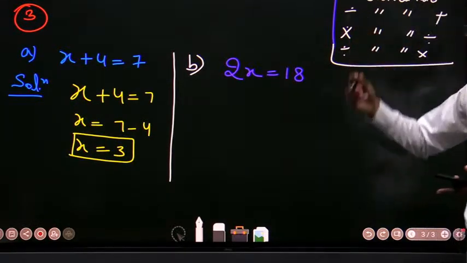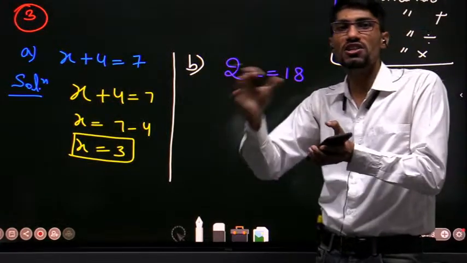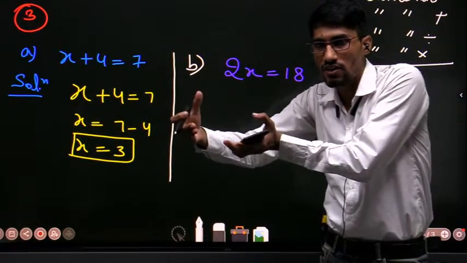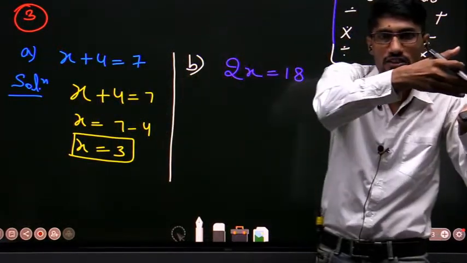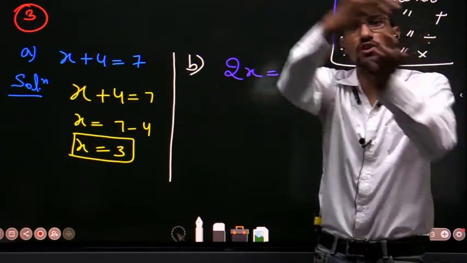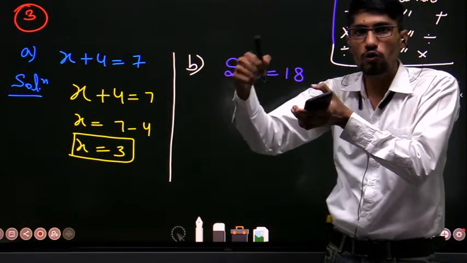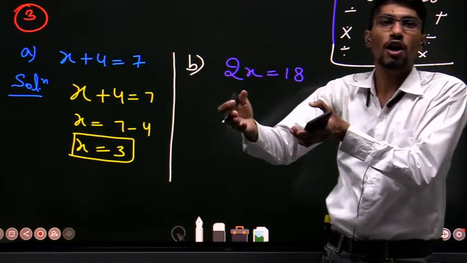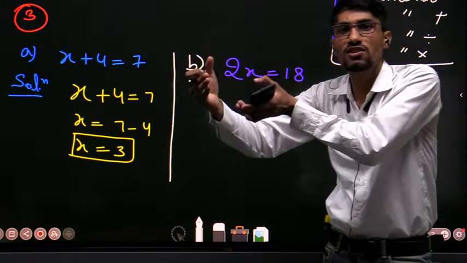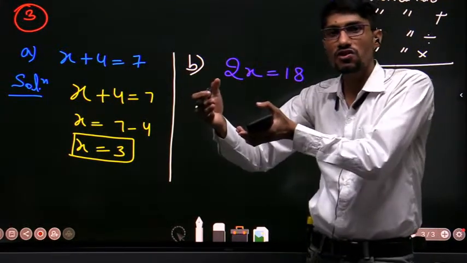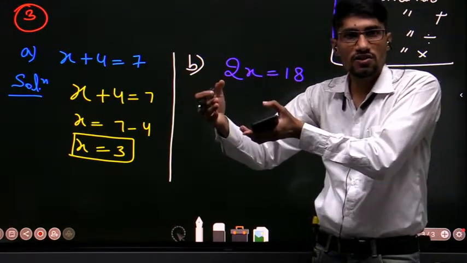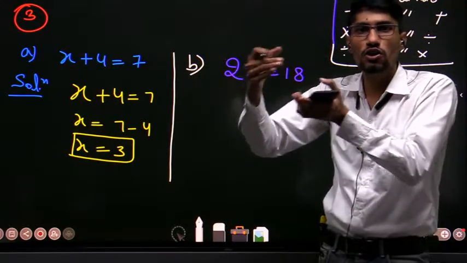When you interchange the value, from the left hand side to the right hand side, or from the right hand side to the left hand side, you have to apply sign conversion.